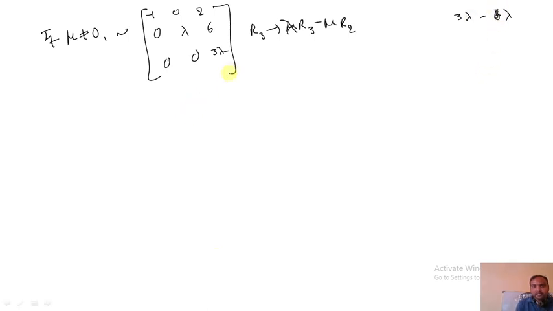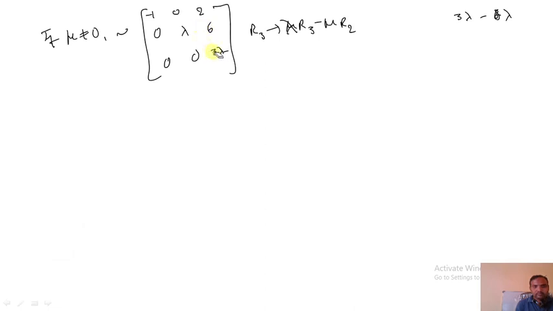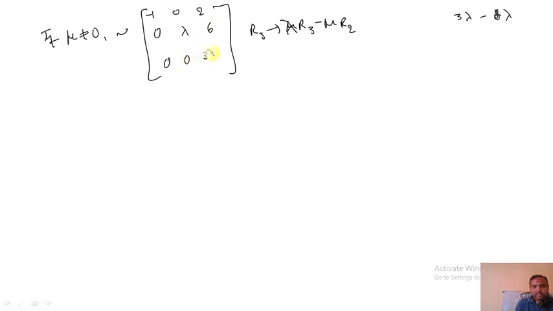That means 3 lambda minus 8 nu. This is the one.